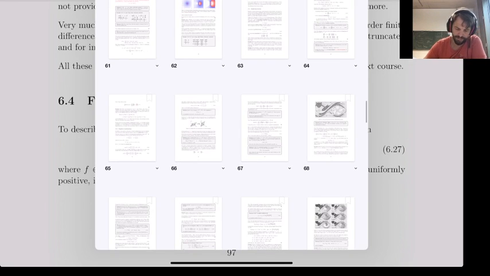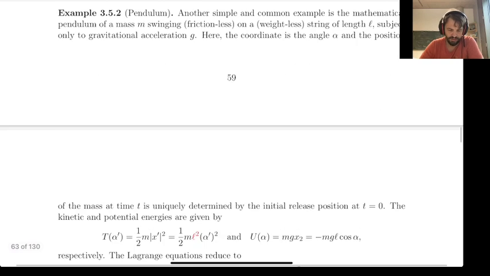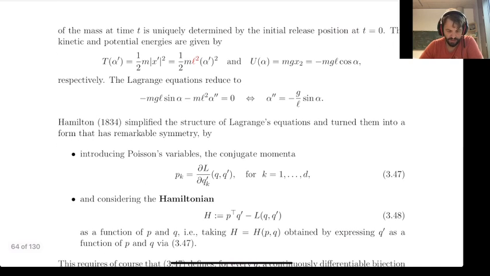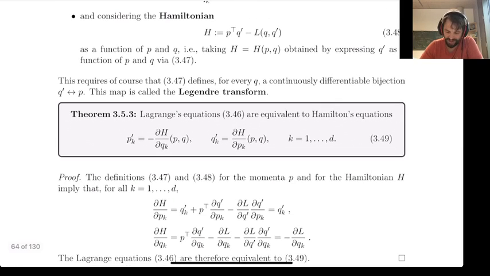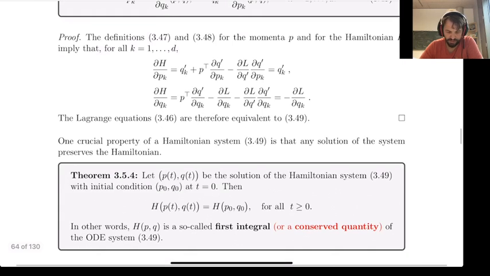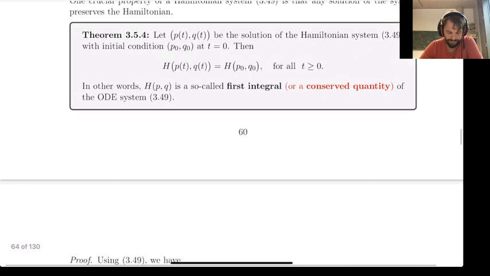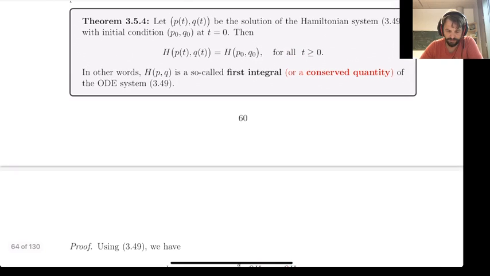I could ask you to derive the Lagrangian for the pendulum problem, or what are the Hamiltonian and Hamilton's equations? This link between the Lagrange formulation and Hamilton's formulation. There is also a very simple proof to prove that the Hamiltonian is conserved.